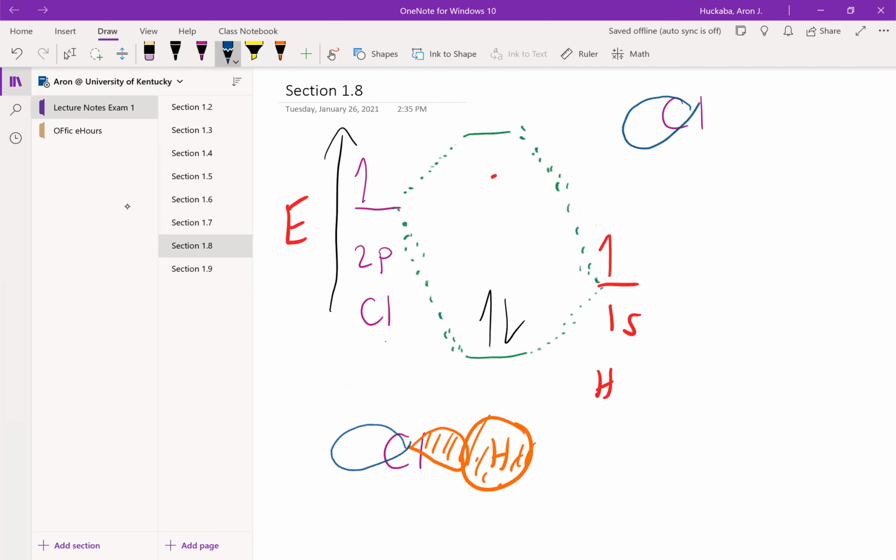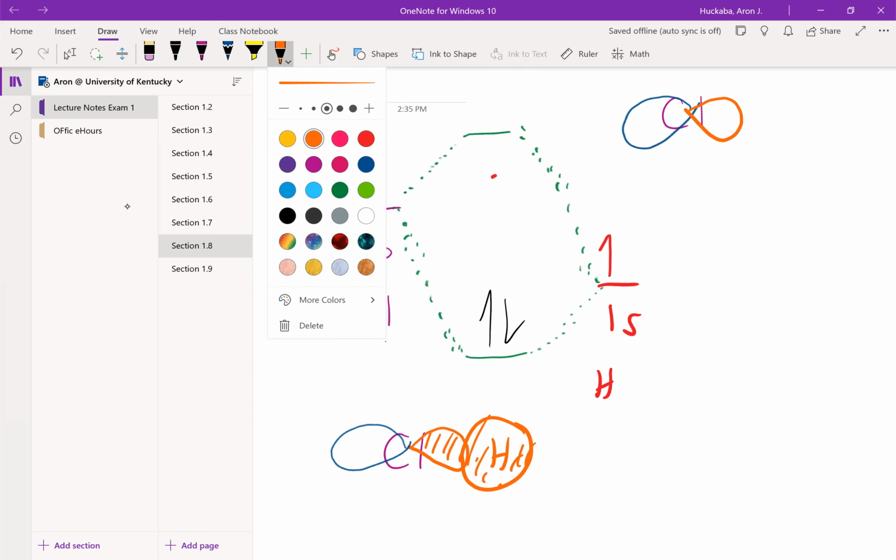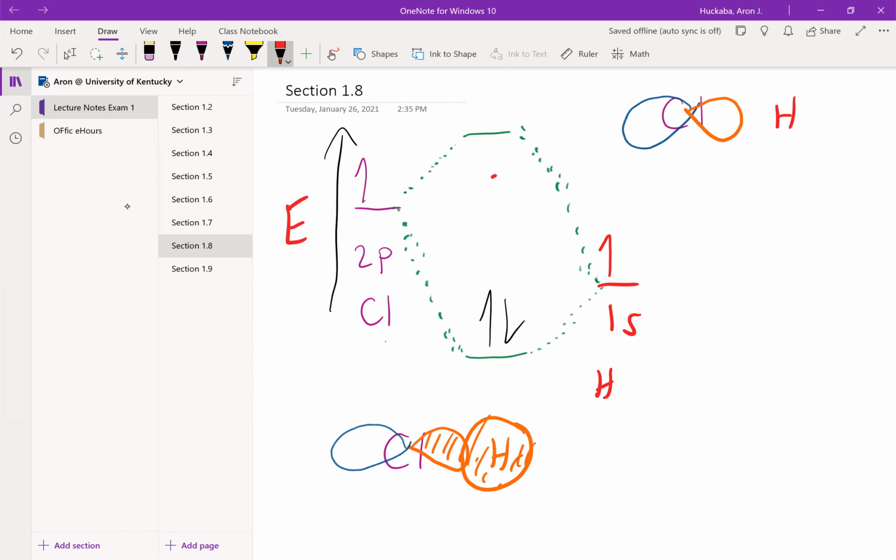Again, here's our p orbital for our chlorine atom, but the hydrogen is now in an opposite phase as the chlorine, and so there's no overlap between the two. Because of that, this is not bonding, because you have to have electron sharing to be bonding. This is called an antibonding molecular orbital.